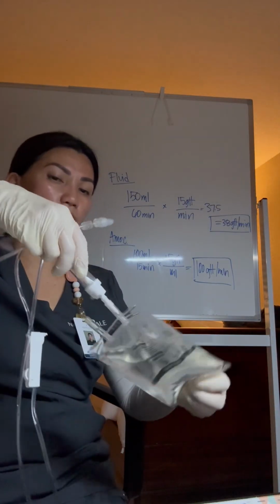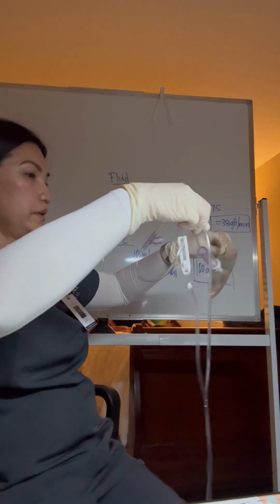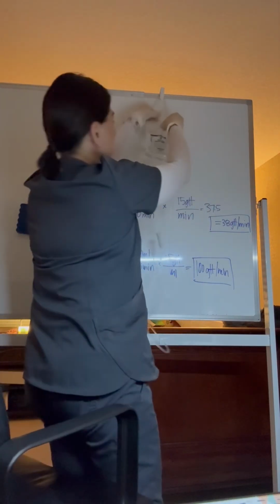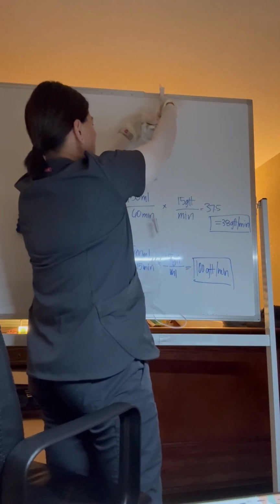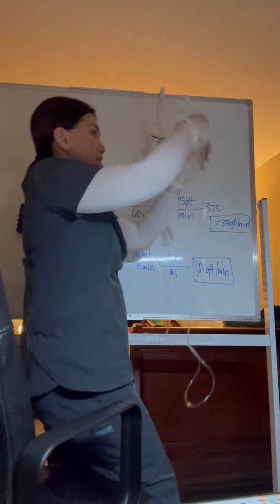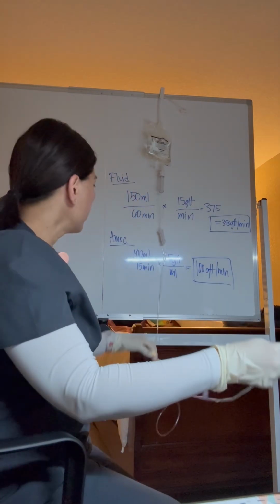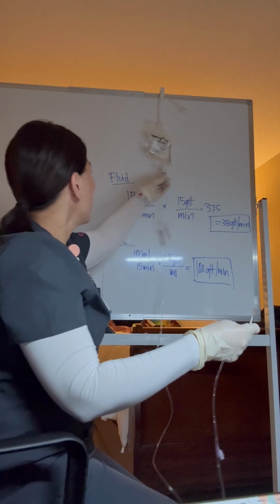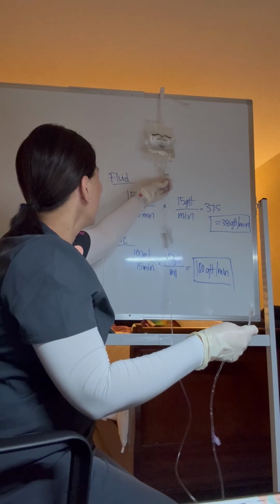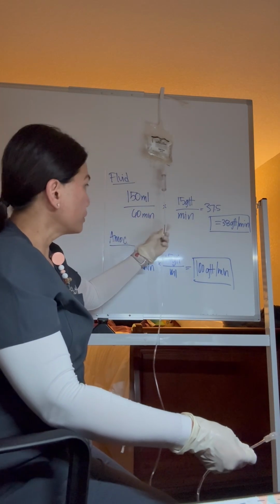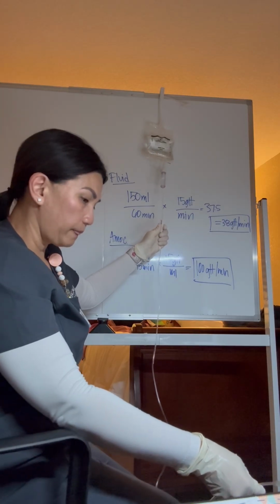All right. And then we're gonna go ahead and hang that. And we wanna make sure that our bags are 36 inches above the IV site. So we're gonna go ahead, fill this up halfway. And then we're gonna prime it, make sure there's no bubbles in the line.